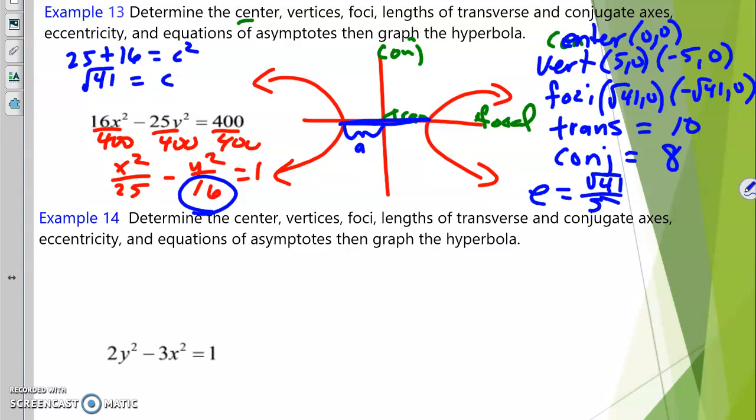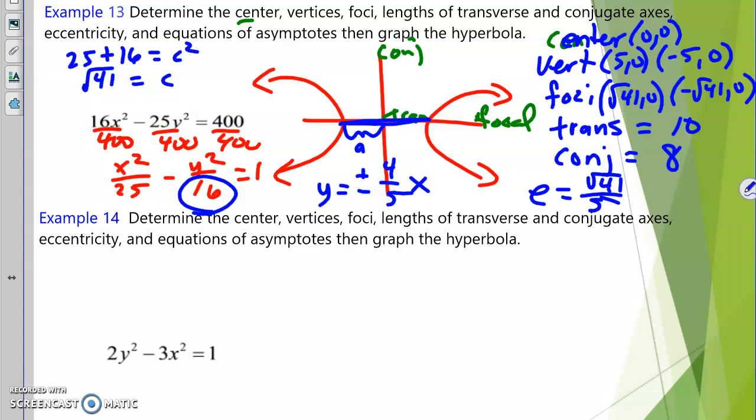Last thing that we need to find is our asymptotes. We know our asymptotes, when it's this orientation, are plus or minus B over A, so I'm going to say plus or minus 4/5 x.